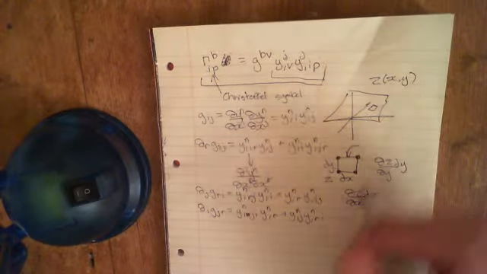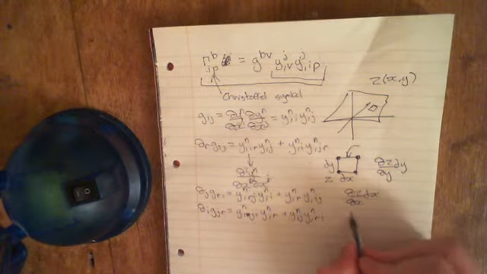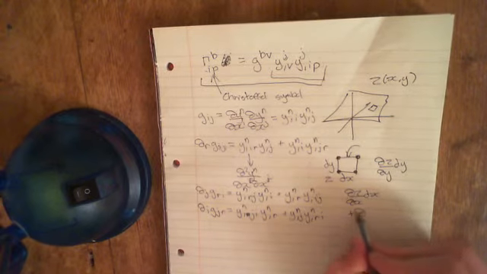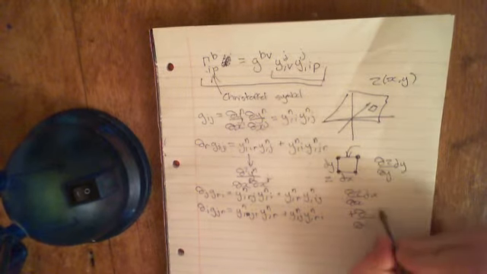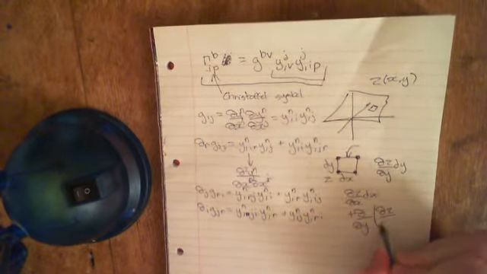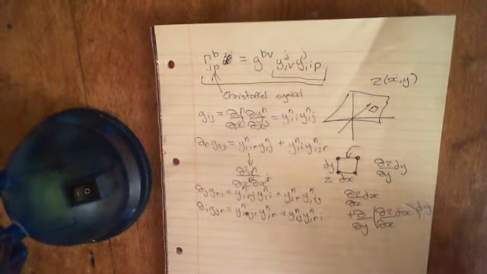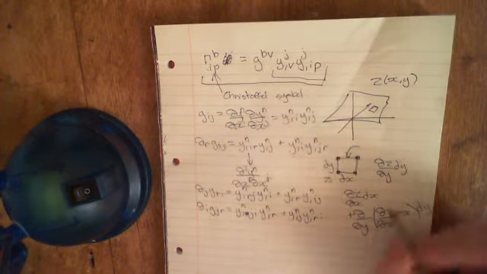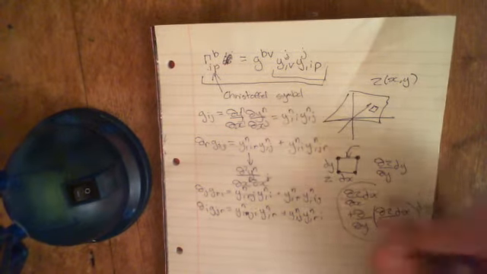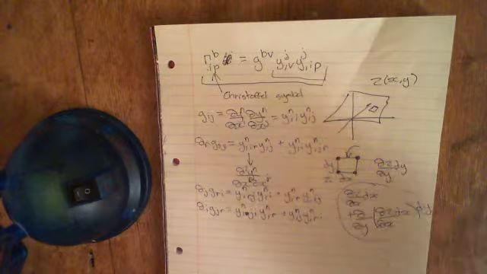We add the same as this, but we also add how much this has changed for a change in y. So del z del x dx, but the dx is a constant, so that can be pulled out, dy.